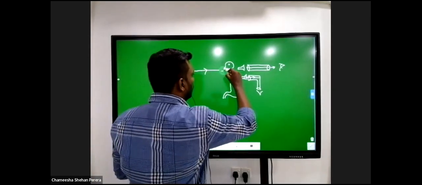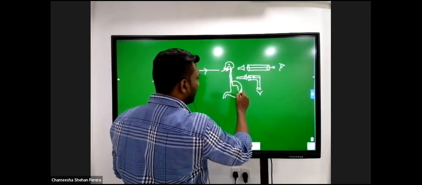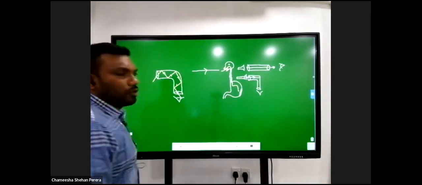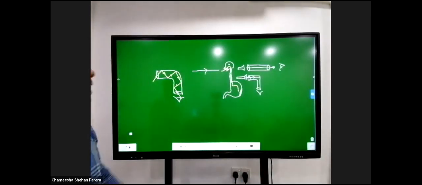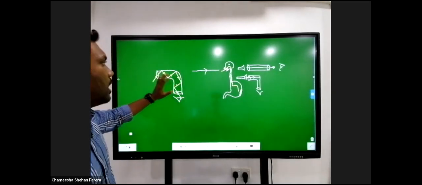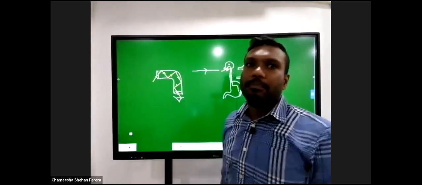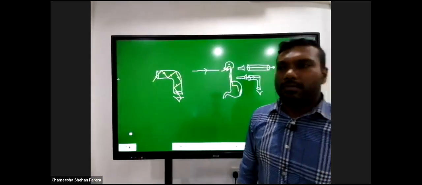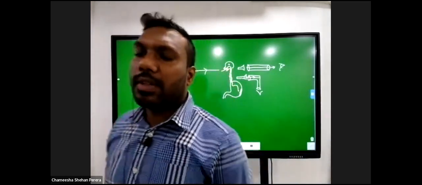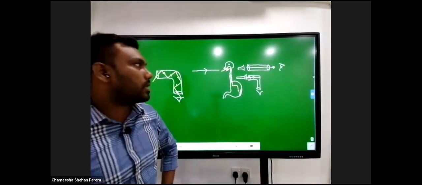It doesn't matter how many times the optic fiber bends, the required place could be illuminated because light traveling through the optic fiber undergoes total internal reflection. So this is one application of optic fibers where total internal reflection is being used, right?